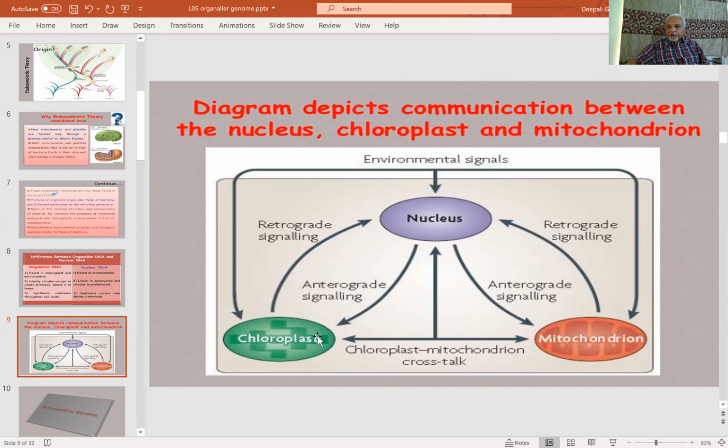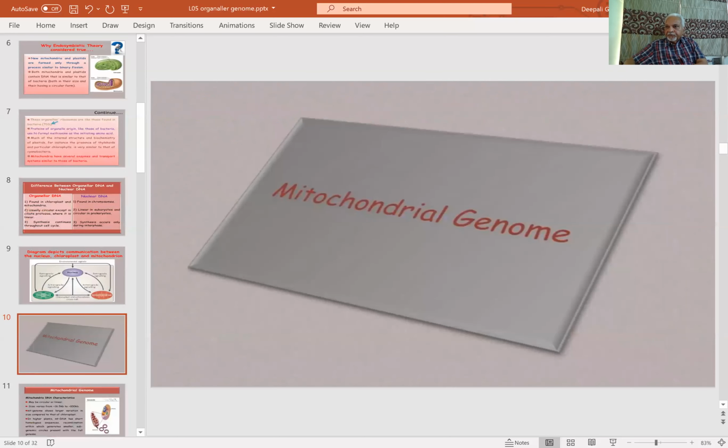Both these organelles also crosstalk among themselves. So basically, all the three types of DNA, nuclear, chloroplast, and mitochondrial, coordinatedly respond to the environment. This is what it's trying to put in here.